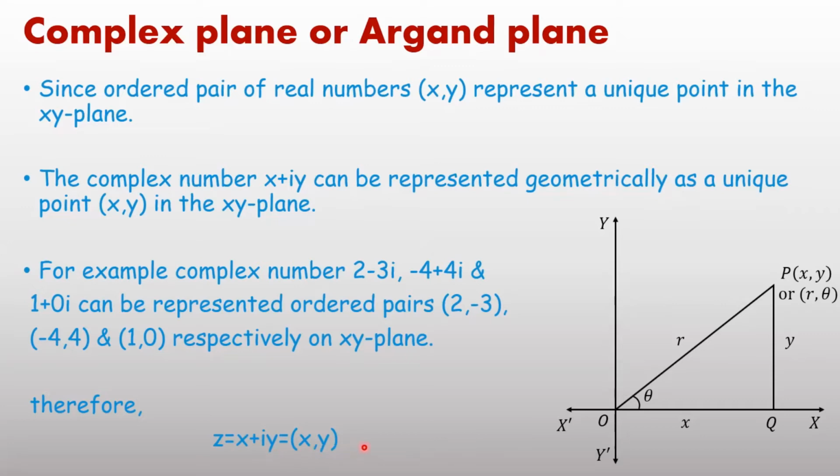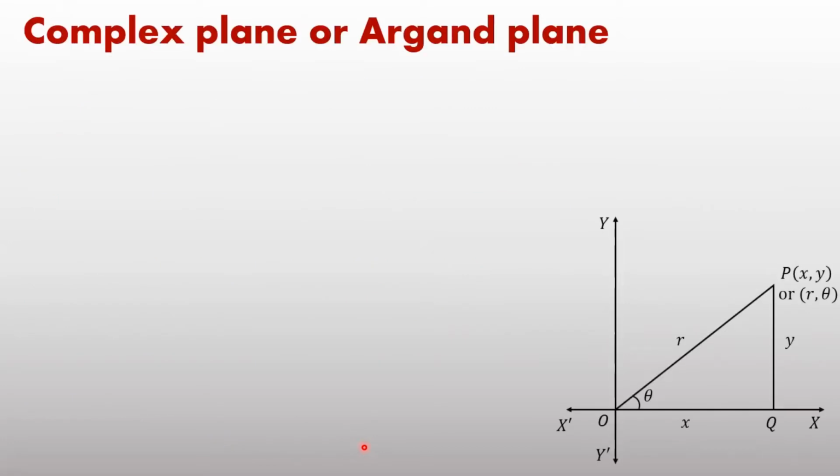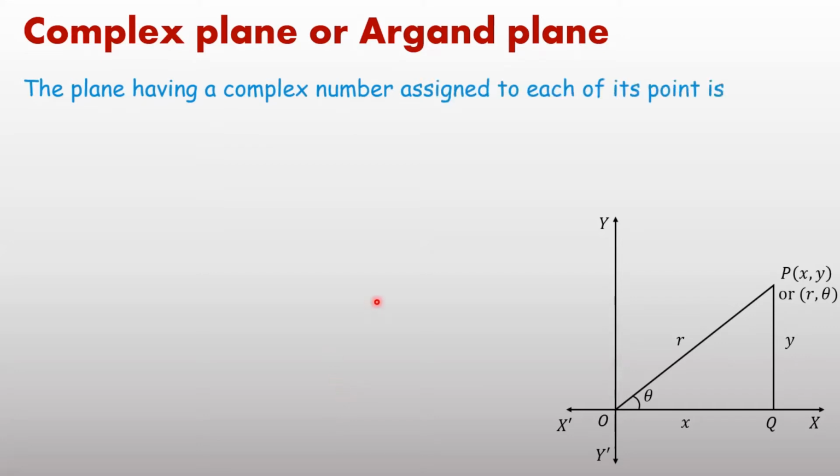If anywhere 2 comma 3 is written, 2 comma 3 means 2 plus 3i, where 2 is the real part of the complex number and 3 is the imaginary part. The plane having a complex number assigned to each of its points is called the complex plane.